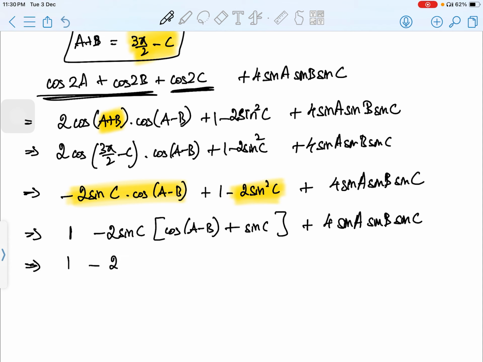So 1 minus 2 sin C into, this sin C I can replace with cos of A plus B. How?